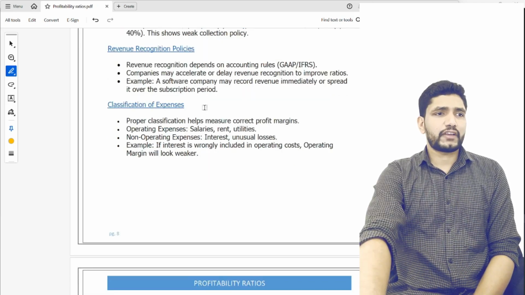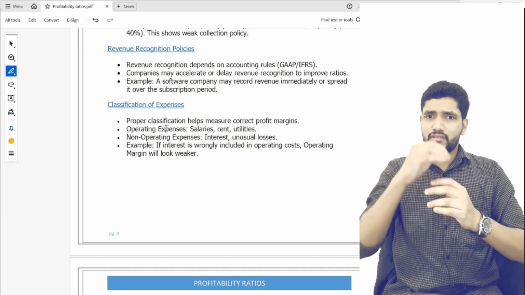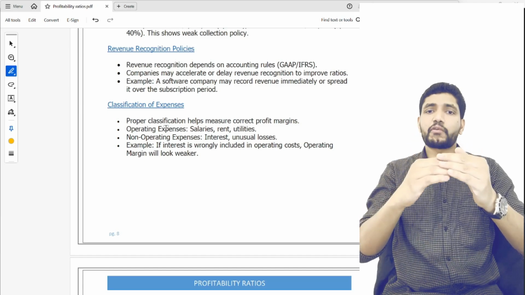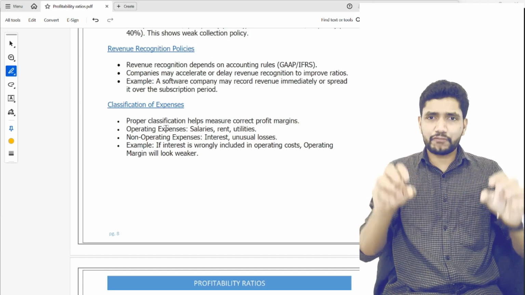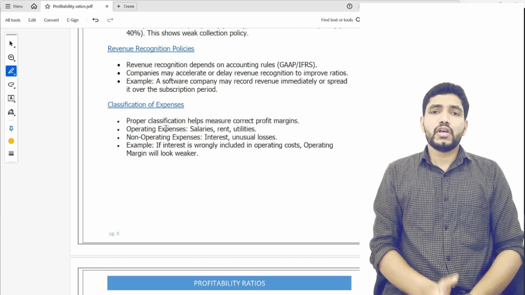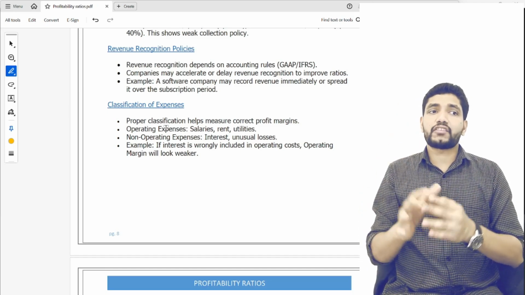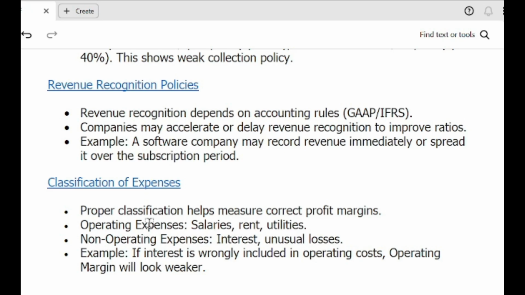Again, classification of expenses. The income statement has a structure with gross profit, operating profit, and then net profit. At each profit level, different costs are covered. Gross profit covers only direct costs like production cost, manufacturing cost, direct labor, direct material and manufacturing overhead.